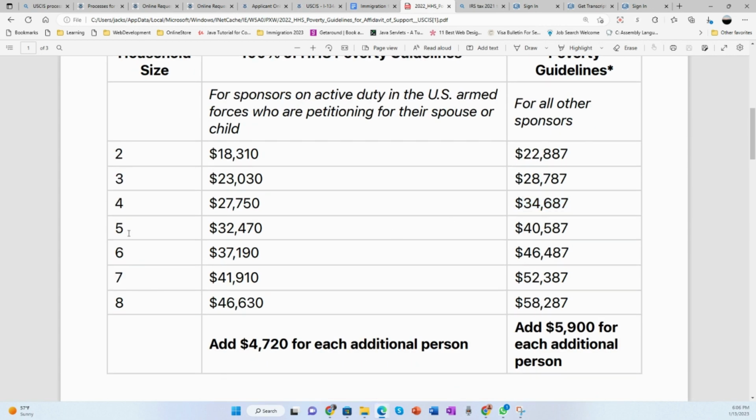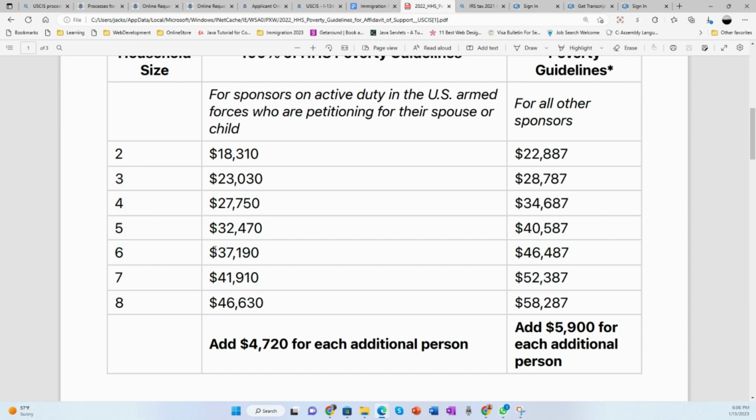So let's say for a family of five, that means you're at four right now. That's what you need, right? If you're going to bring somebody else, you have to make $40,000 in order to bring someone else to the family of four, which would become five. Does that make sense?